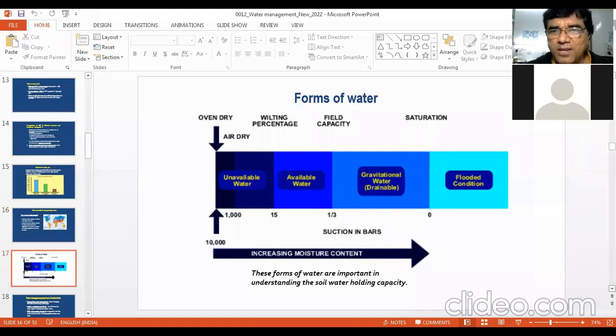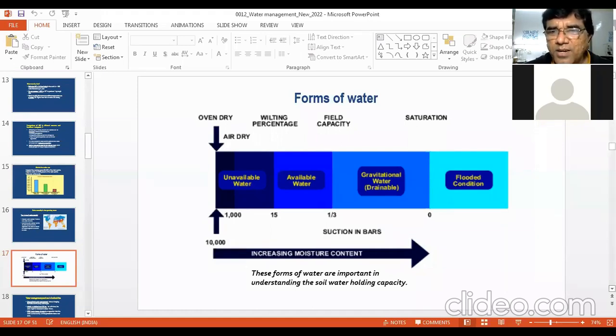Now, forms of water, you must be knowing different forms of water. You prepared for your entrance exam. At that time you might have known what is available water, what is unavailable water. So you can see when you apply irrigation or when water comes through rainfall in the field, flooding condition can happen. And then the leaching or percolation of water starts. The gravitational water drains from the field down and reaches the groundwater.